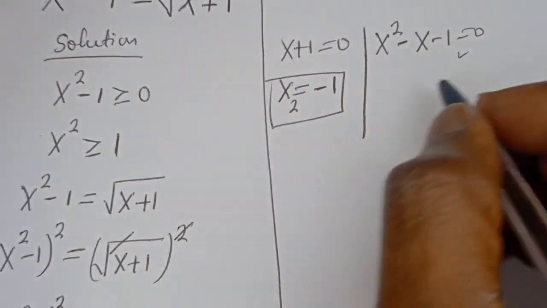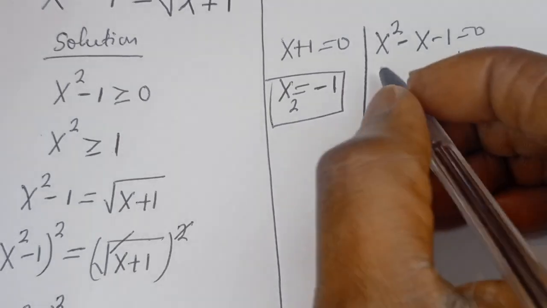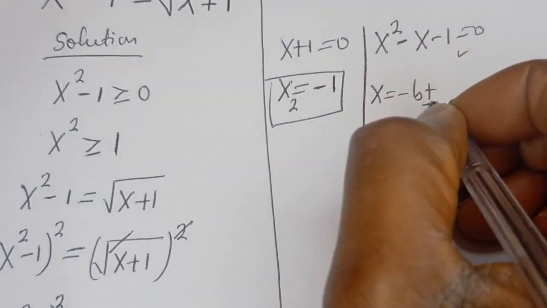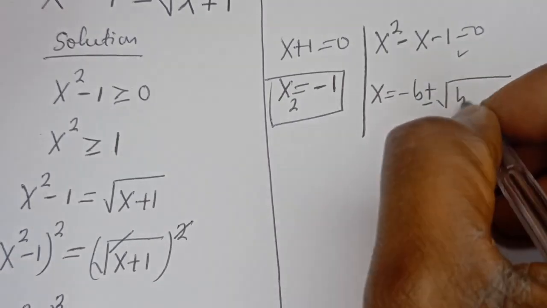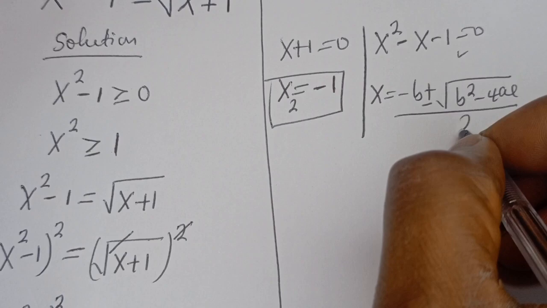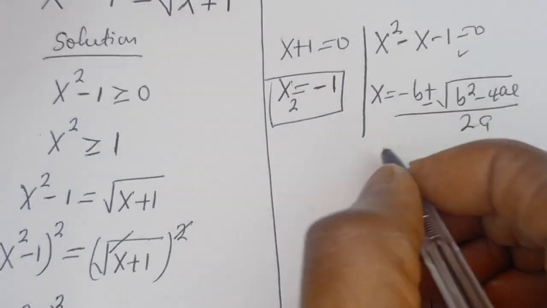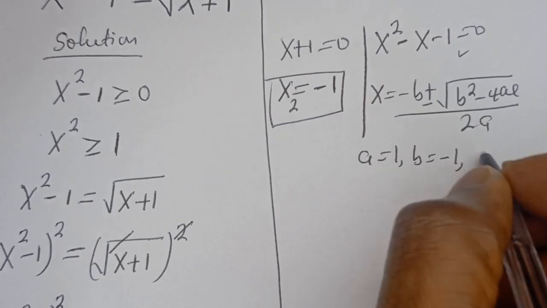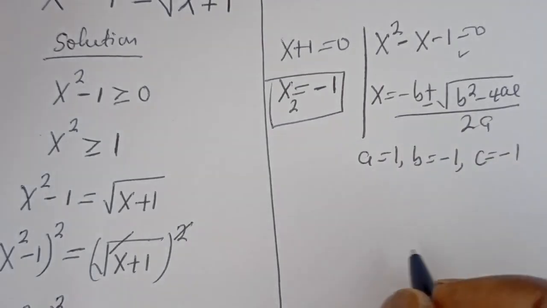Then here, this is a quadratic equation. Let's solve this using the quadratic general formula. s is equal to minus b plus or minus square root of b squared minus 4ac divided by 2a. Then a equal to 1, b equal to minus 1, c is equal to minus 1.